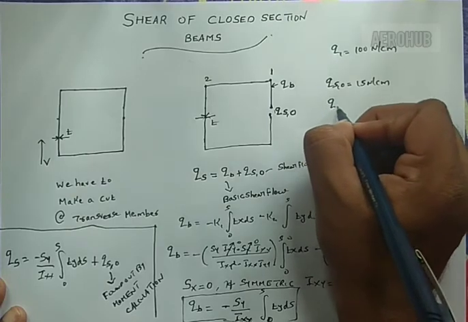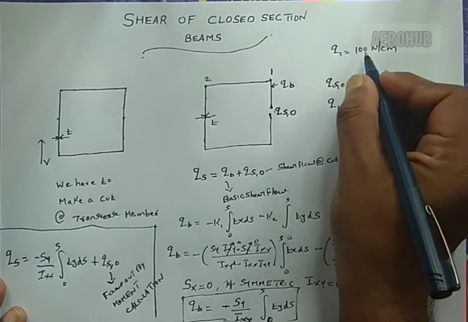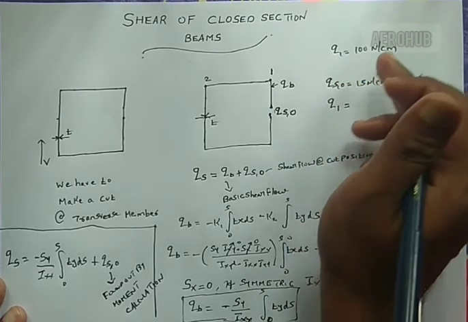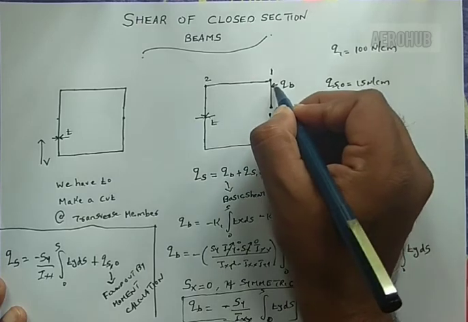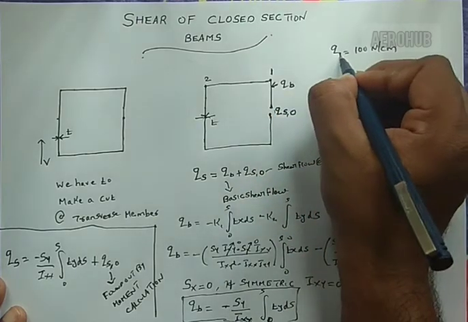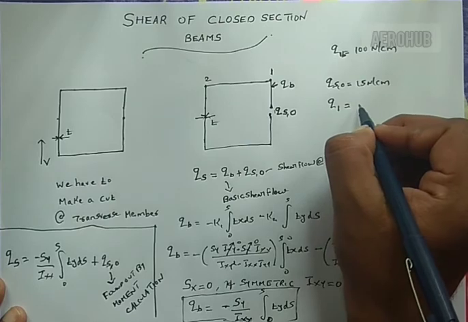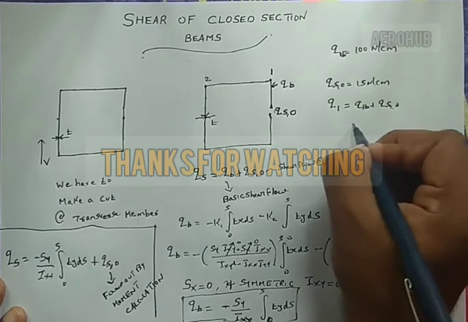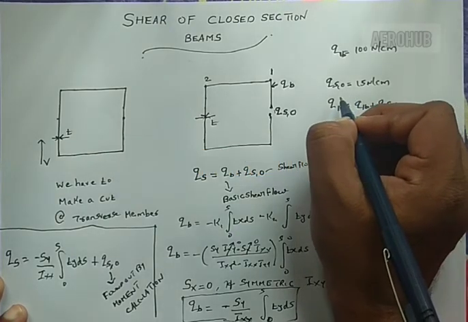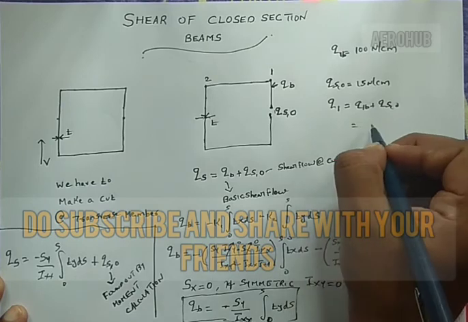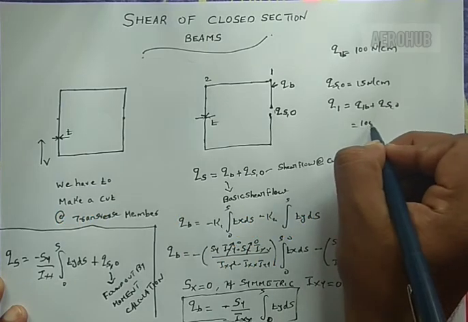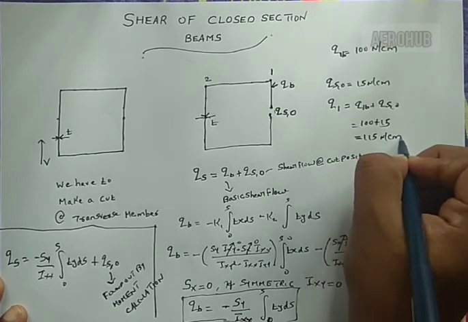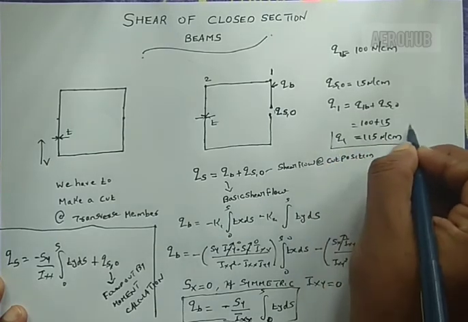So finally Q1 will be Q1b, which we got as 100 Newton per centimeter using the basic shear flow calculation, plus Qs0. Qs0 is found using the moment calculation, and you will understand that while doing the problem. So finally you will get 115 Newton per centimeter. This will be the value of shear flow at this point.